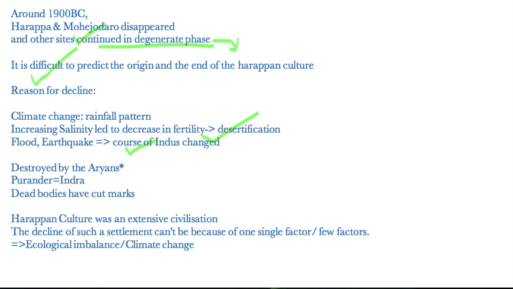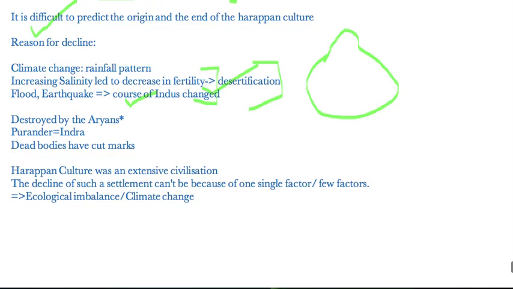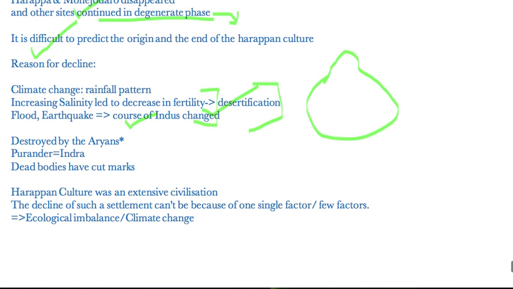But these are not valid points, because the Harappan culture was very huge. It has a very huge expanse. So one single thing cannot lead to destruction of a complete culture. So this is one point to be noted. We'll discuss what actually happened, but these are some of the speculations, so we should know this.